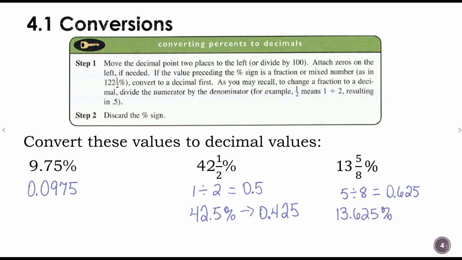A lot of times students get confused and they just write the 0.625. They take the percent symbol off and say, I'm done. But you're not done, because this is still a percent. Notice the 5/8 was changed to 0.625, so we're still in percent mode. As a decimal, it will be 0.13625, right? Because that decimal has to move 2 places to the left.